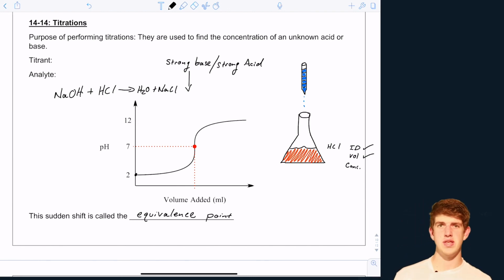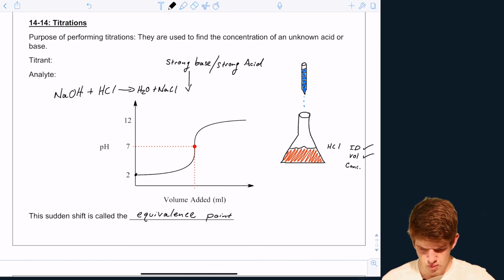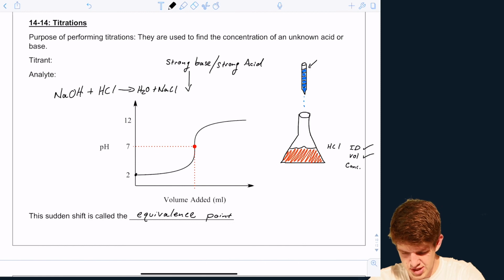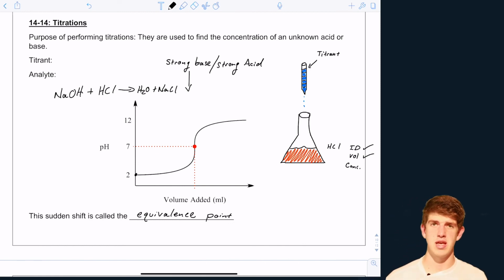And so how am I going to do this? How am I actually going to add the NaOH to the HCl, and how is that going to determine the concentration? Well, I'm going to have something called a titrant, and that titrant is going to be some liquid that I know the concentration of.